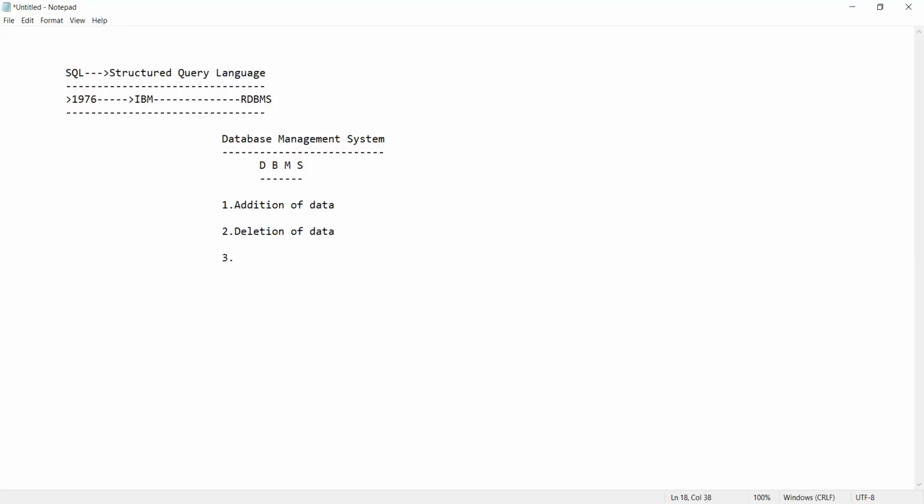Then we have solving data query. And then we have maintaining the data structure.